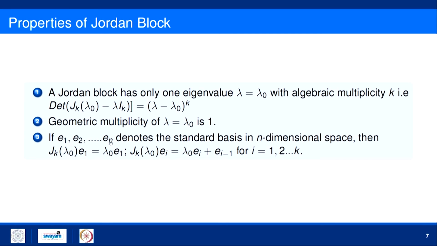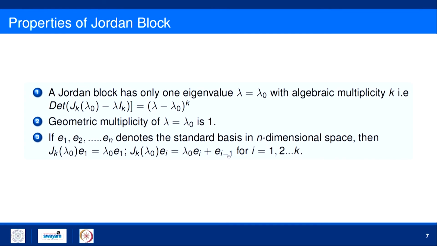Furthermore, if E1, E2, up to En denote the standard basis in n dimensional space, then operating the Jordan block corresponding to eigenvalue lambda 0 on E1 gives lambda 0 E1. That is, lambda 0 is an eigenvalue with algebraic multiplicity k of the Jordan block.